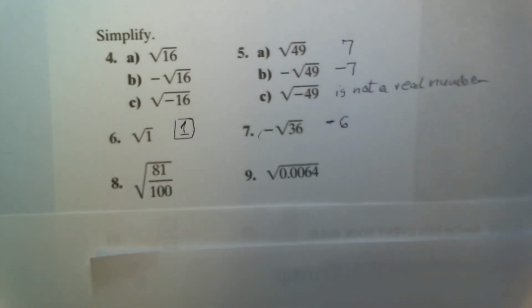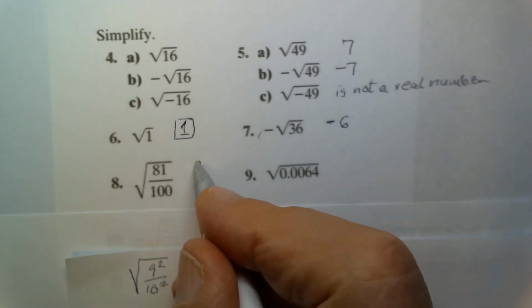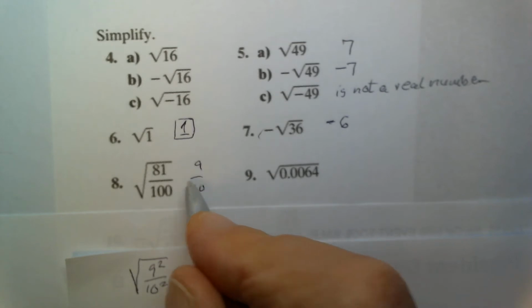And here, the square root of 81 divided by 100, we can rewrite that as the square root of 9 squared divided by 10 squared. So it'd be equal to 9 divided by 10.